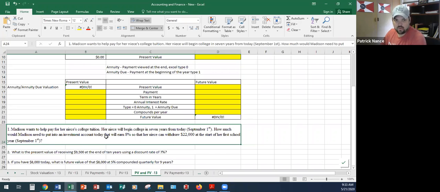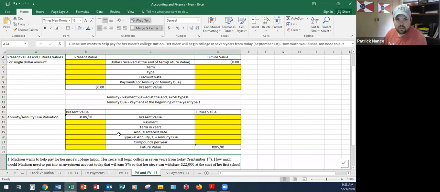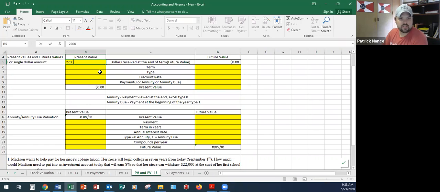So we know what the future value is, 22,000. We want it to be 22,000. We know the growth rate, we know the time frame. So we're looking for a present value in this case. So the future value, I want it to be 22,000. The term, 7 years.